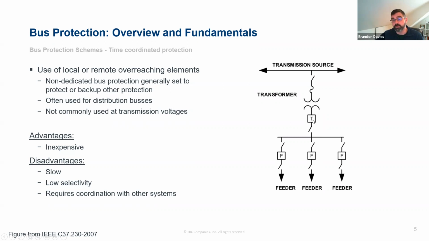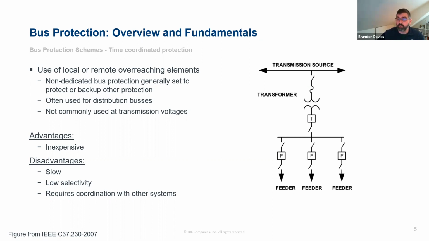The other thing this would typically do is thermally protect the transformer. That's really its main objective, to prevent the transformer from damage from through faults. So the fact that it also protects the bus is kind of a backup point for that. So this is one example of time coordinated protection for a bus.